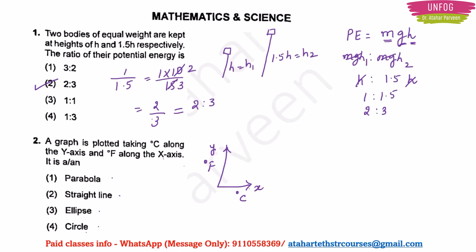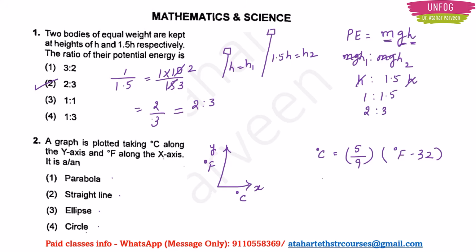In order to identify this graph, we should be knowing the relationship between Celsius and Fahrenheit. So degrees Celsius is equal to 5 by 9 into (degree Fahrenheit minus 32). Unless and until you know this relation, you cannot directly decide on the type of the graph, right?